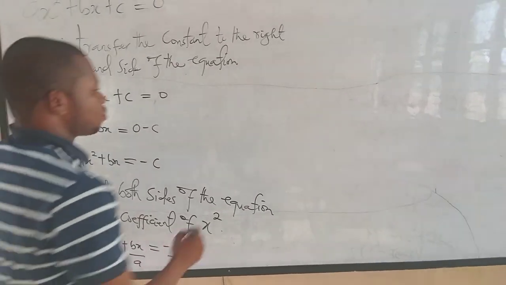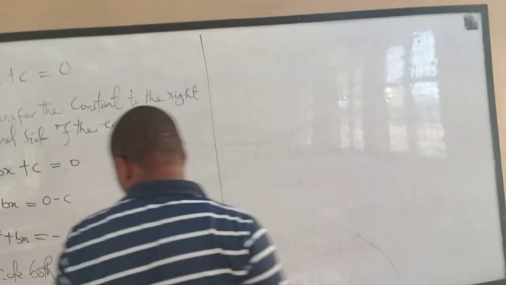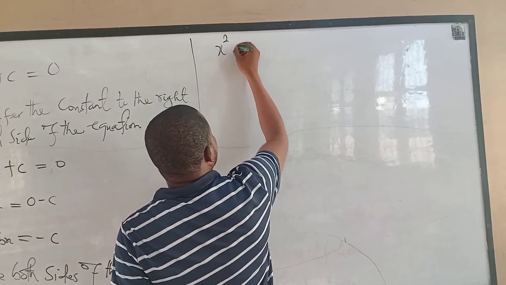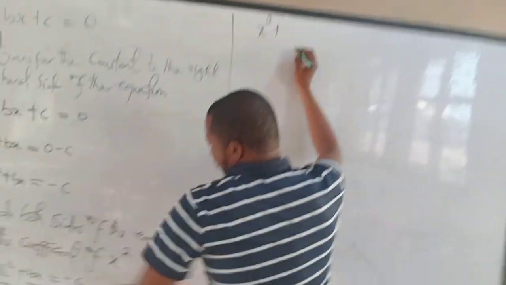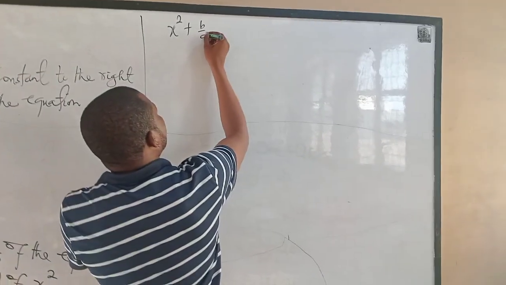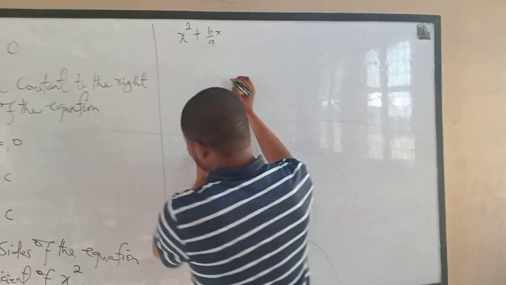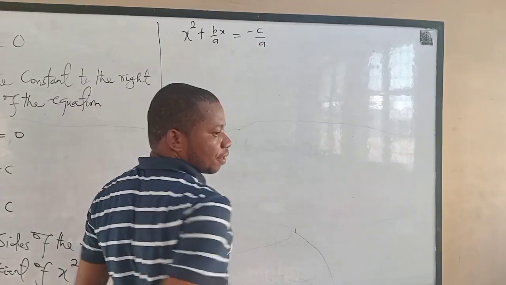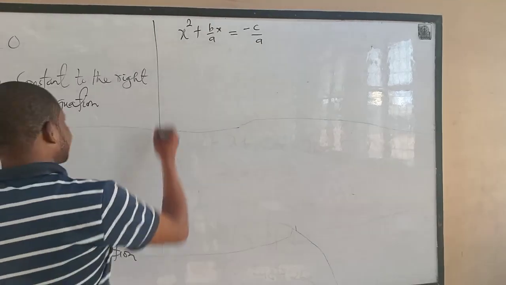So we are now left with x squared plus b over a x is equal to minus c over a.